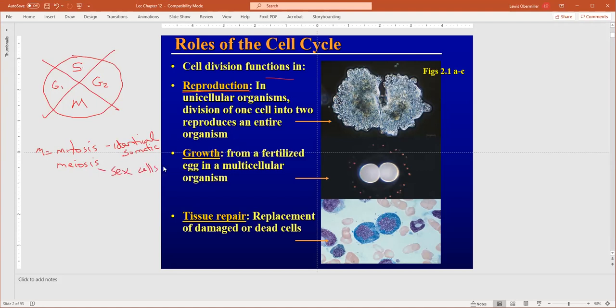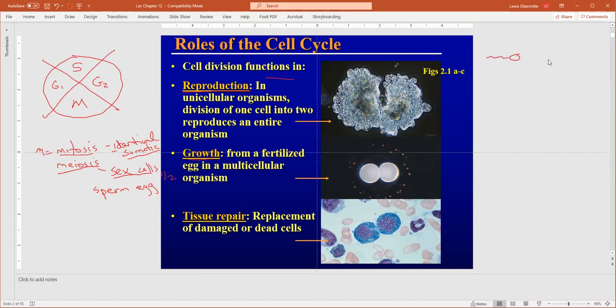And you want to make sex cells that are different, like sperm and egg, because if you didn't, then all the kids that you had with the same person would all look identical. There'd be no variation. So meiosis, we want variation. We're making sex cells and we want half the amount of DNA. And mitosis, we want them to be identical cells for all the other cells in our body, which we call somatic cells.